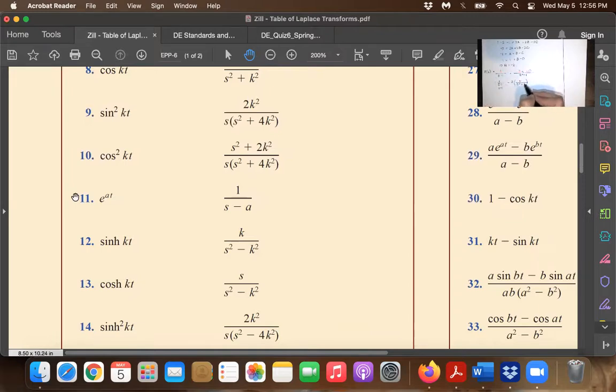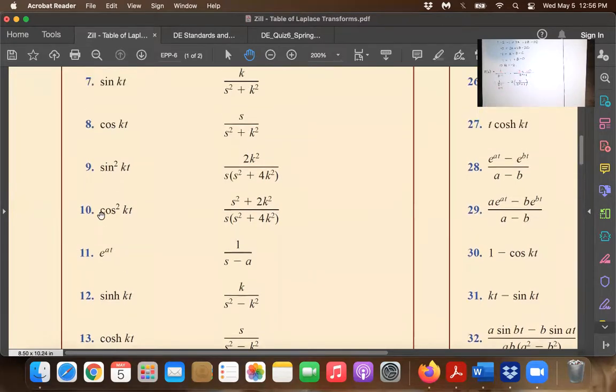And here I've got an s over s squared plus 1. That looks like number 8. So that's a cosine function. We go backwards. And k squared in this case is 1, so k would equal 1.